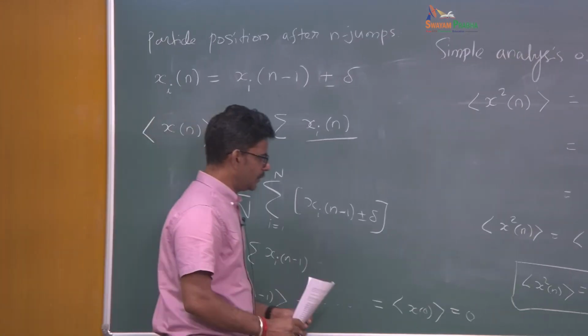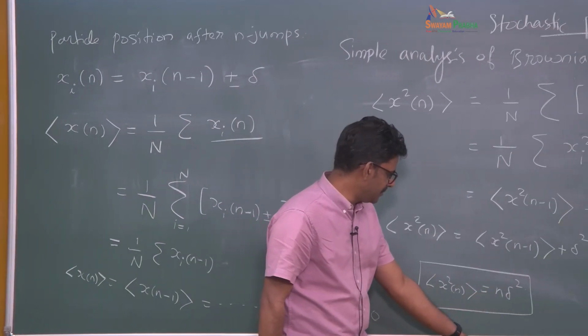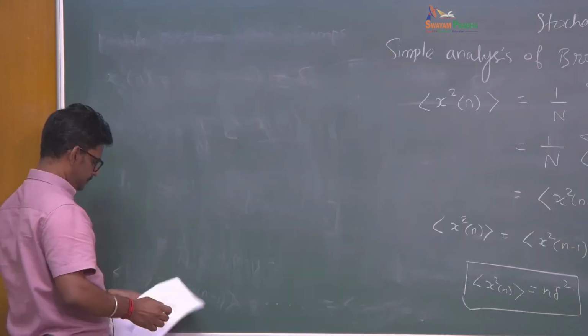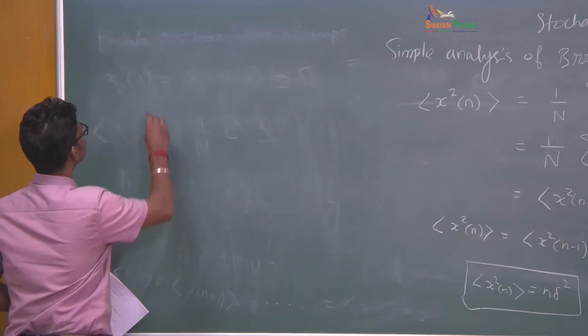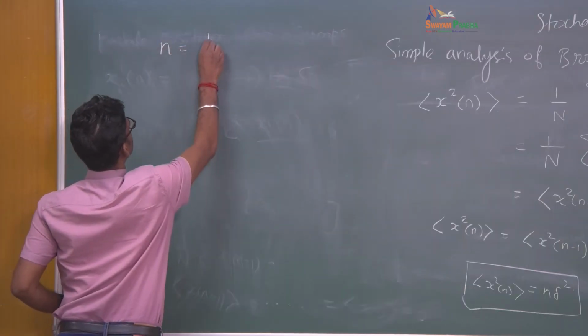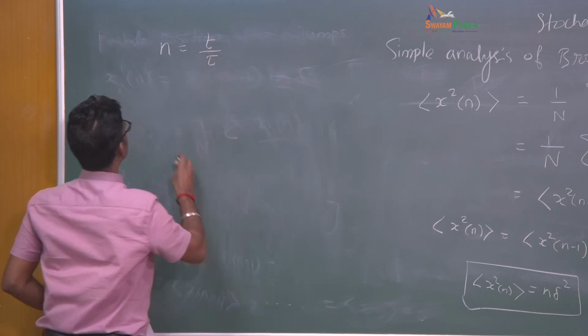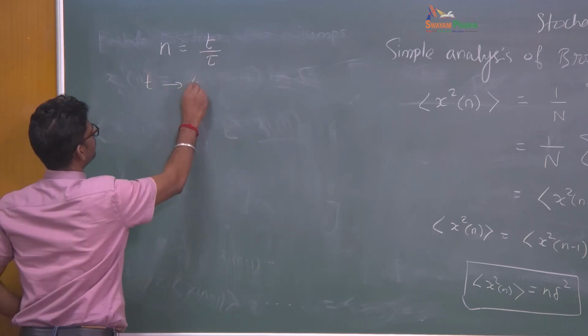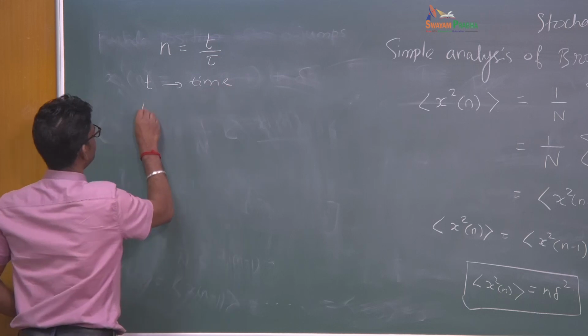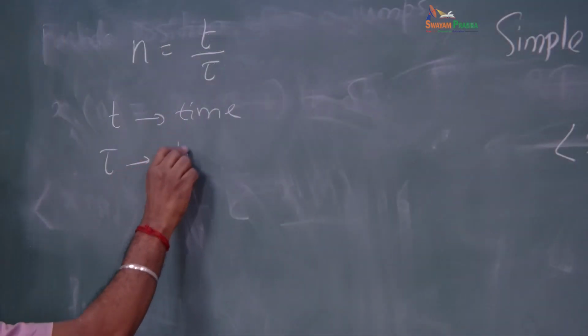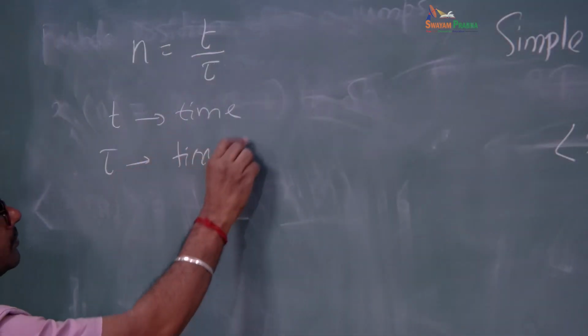So now what we will do is replace this n in terms of time. Here t is the time, and we say tau is the time required for one jump.